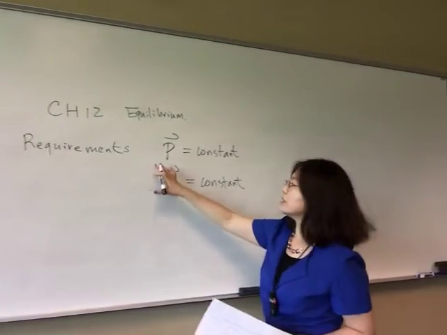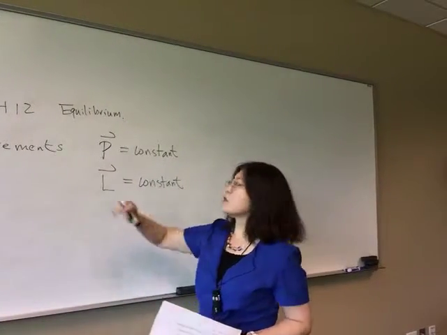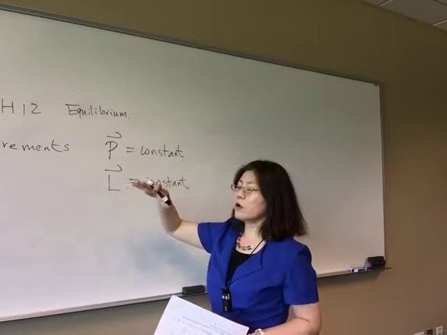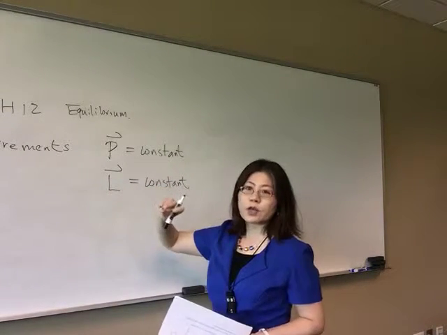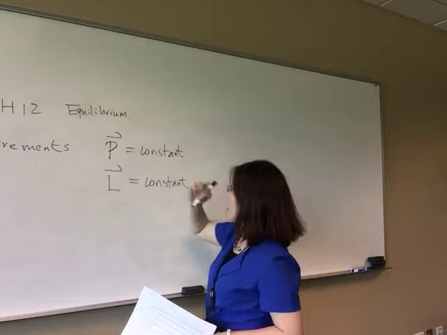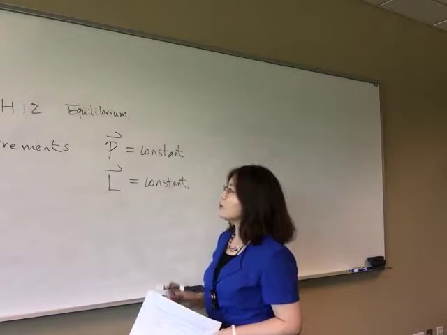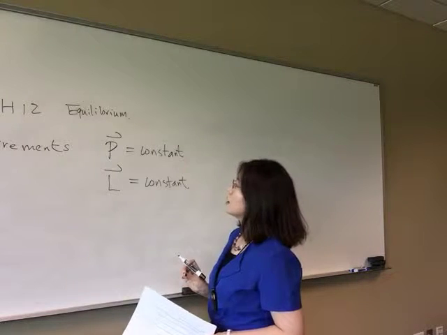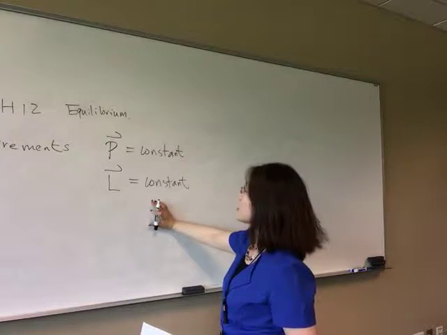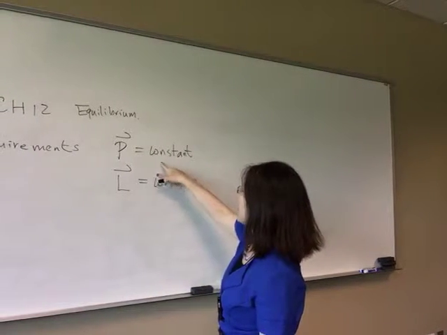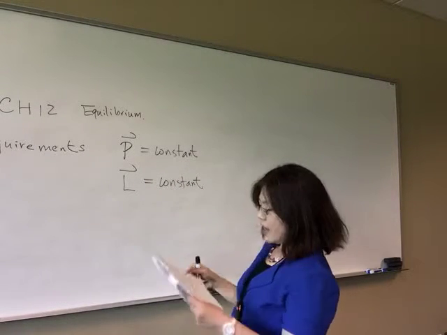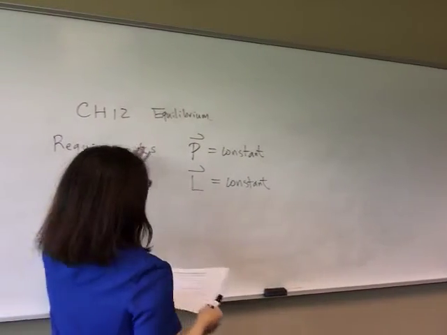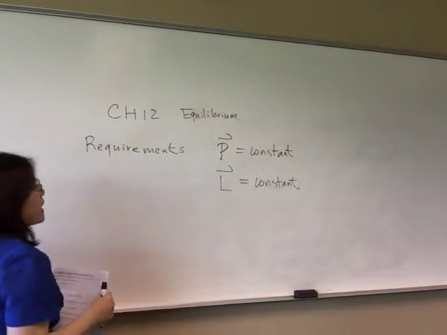It means that when you're dealing with more than just one dimension, then all the linear momentum in all directions and angular momentum in all directions has to be a constant in order for the object to be in equilibrium. Okay. So linear momentum has to be a constant, and angular momentum has to be a constant, and based on this requirement, we can actually go a bit further.